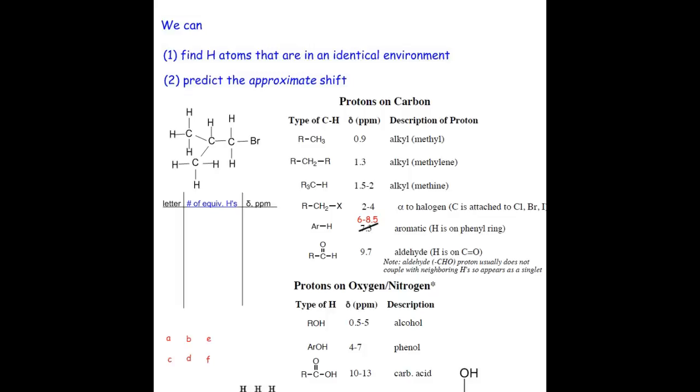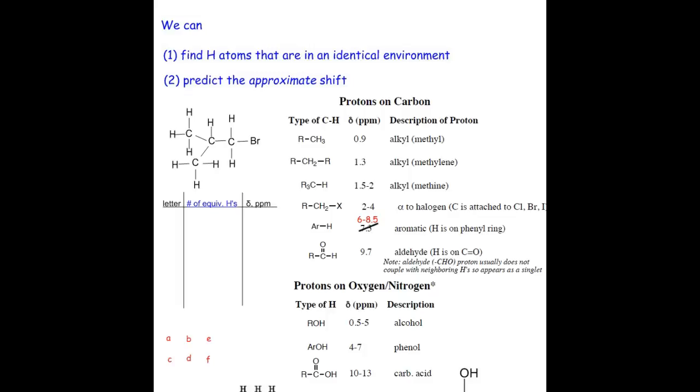So we can use a chart to figure out where the shift is. It's not like we're going to have to memorize what those kinds of numbers are. And so here's a piece of the chart. Also, we have to figure out which hydrogens are identical.